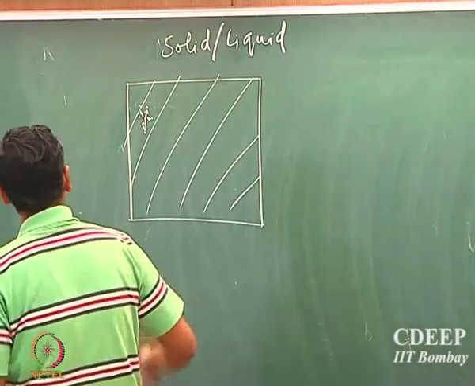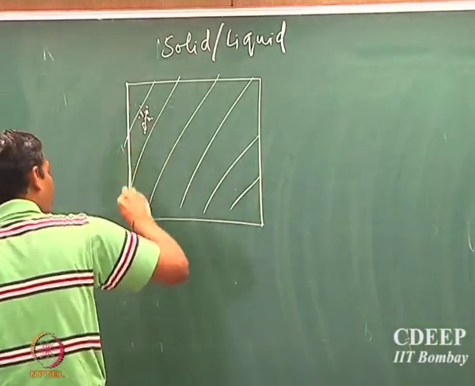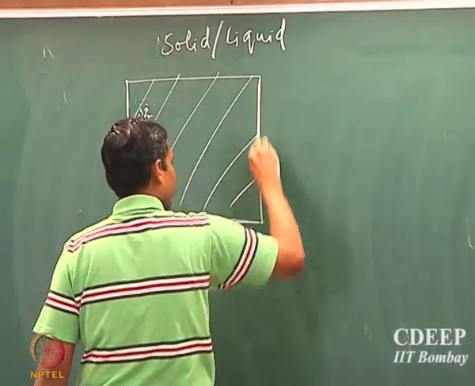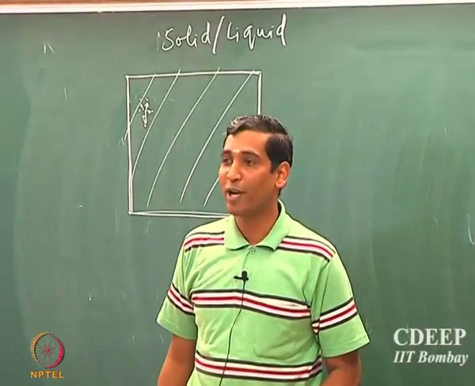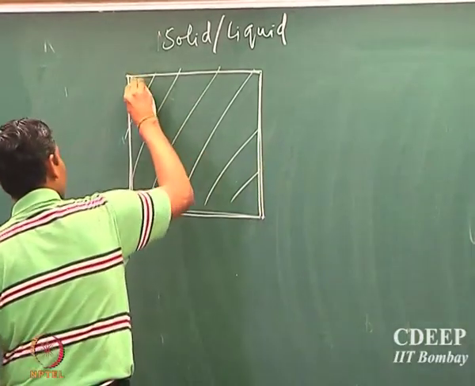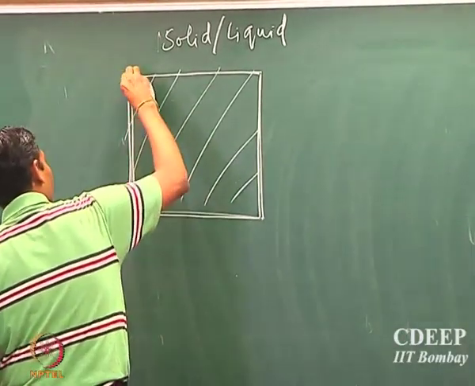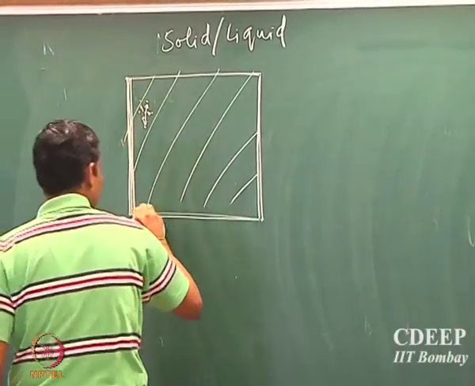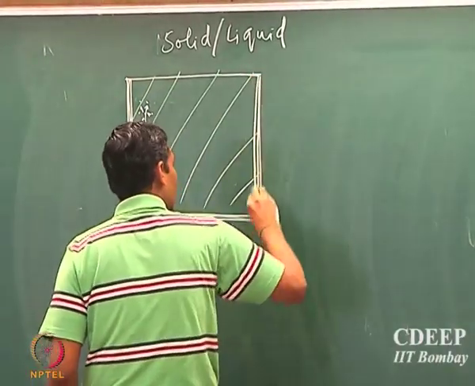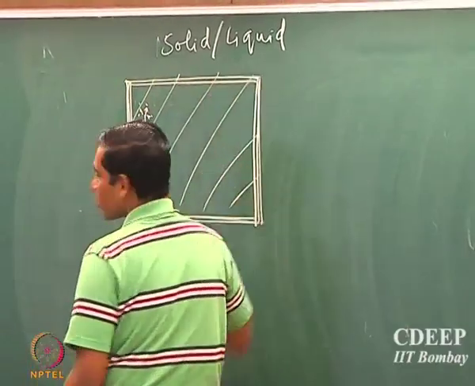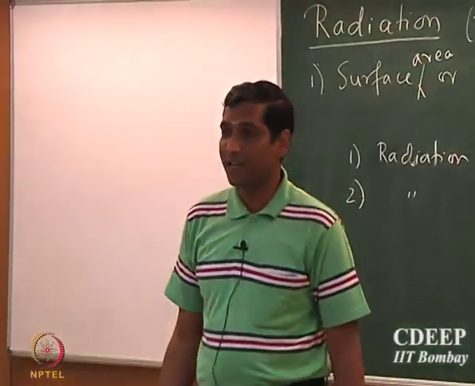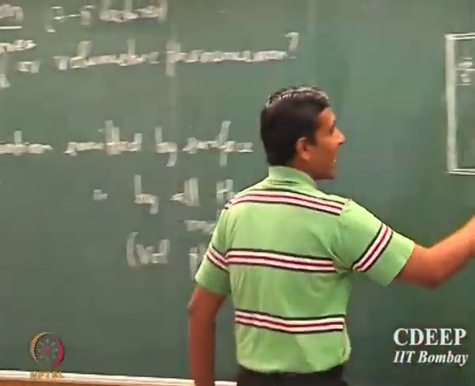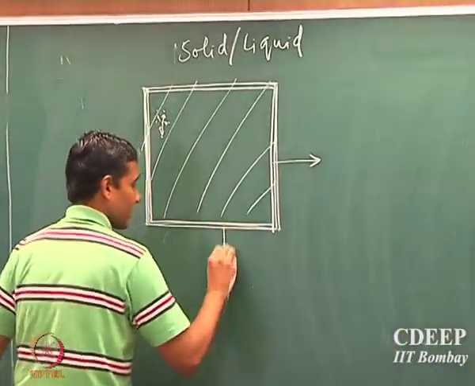Therefore, all the radiation that actually comes out of this object is essentially from the molecules located close to the surface. I will give you in a short while what the length scale is. So the molecules located close to the surface are the ones that result in the radiation emitted out of this object.